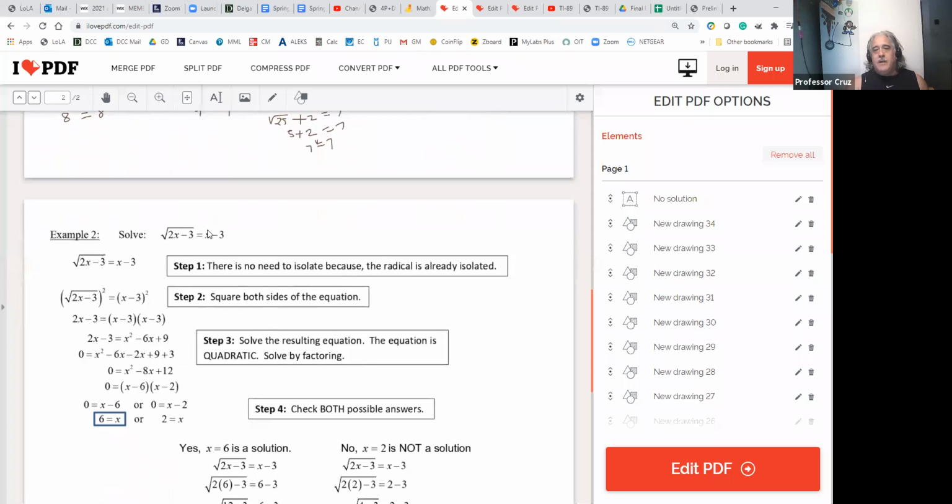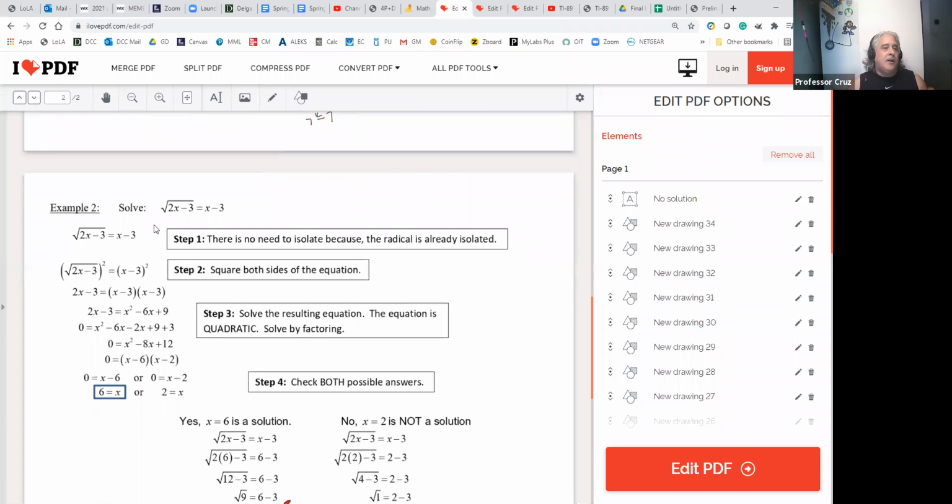All right. So maybe you can see it already, you've got the radical isolated, but on the other side, you've got an x minus 3 that needs to be squared. So when you square the x minus 3, it's going to be the square of a binomial. If you know that formula, it'll be easier to do it like that, but you can still always FOIL it.